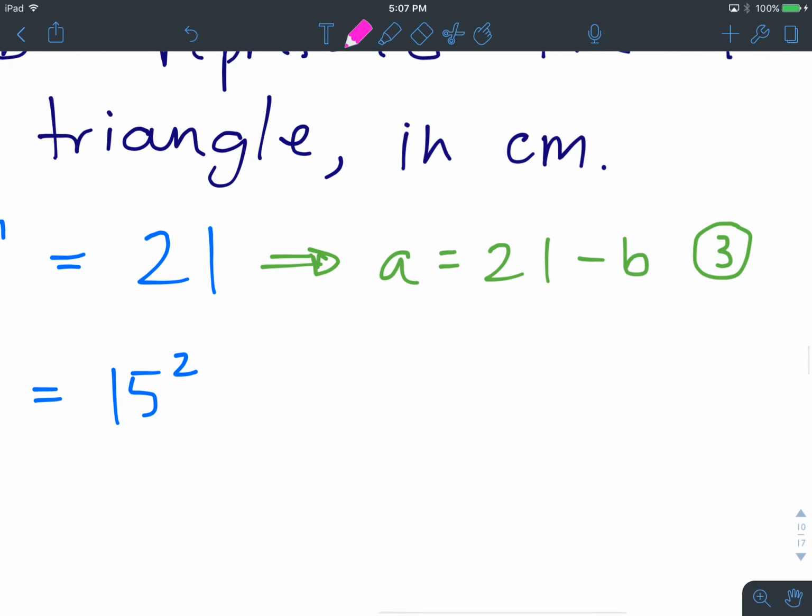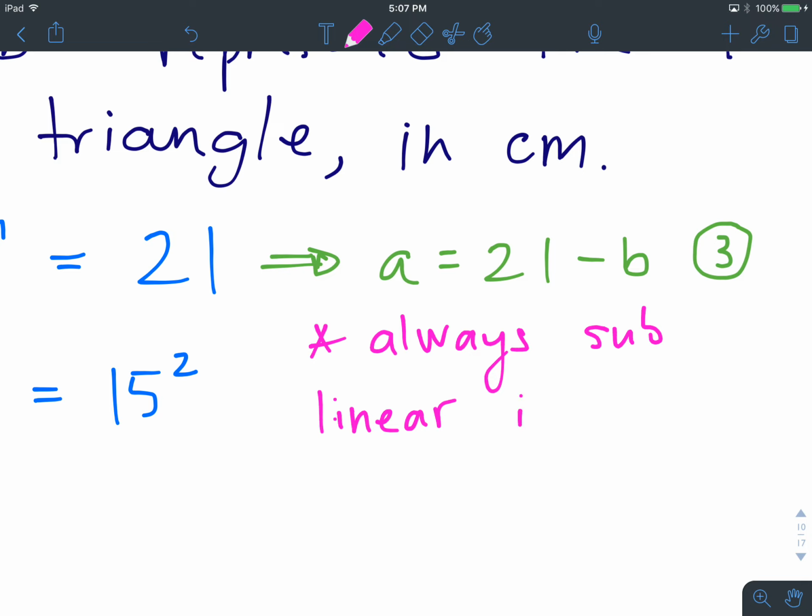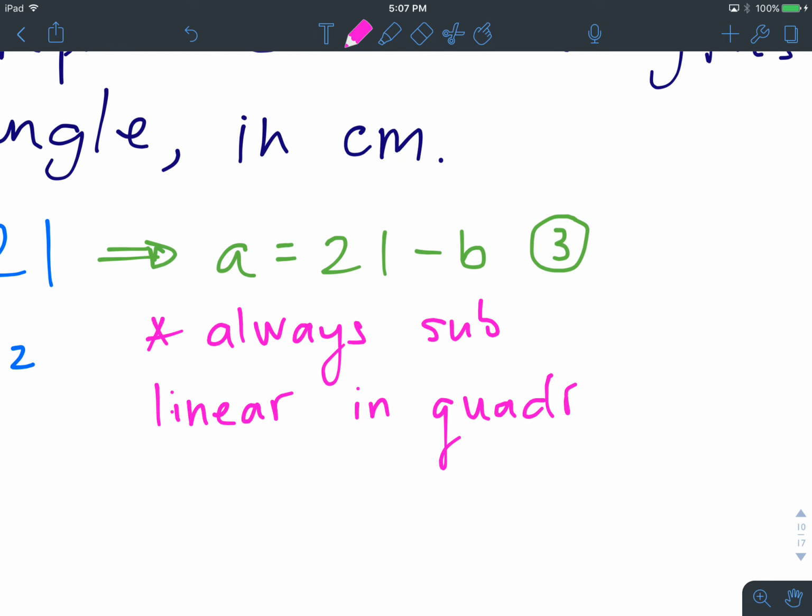Only once per lesson I'll do this, but I want to remind us that we always sub linear into quadratic. Linear, of course, is a degree 1 equation, and a quadratic will have a degree of 2. Always sub linear into quadratic, important to remember.